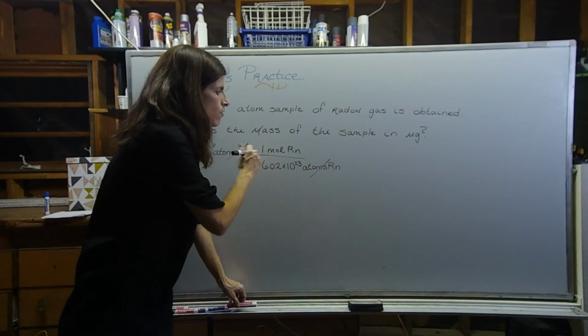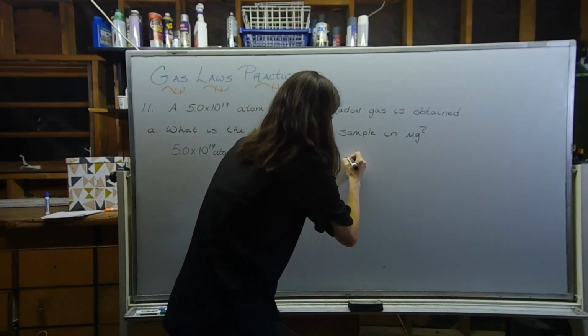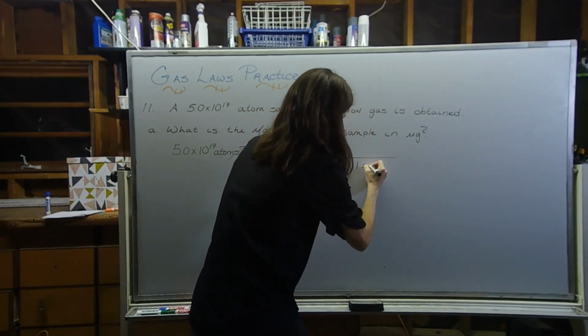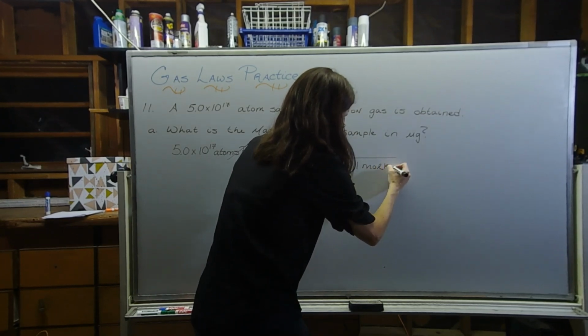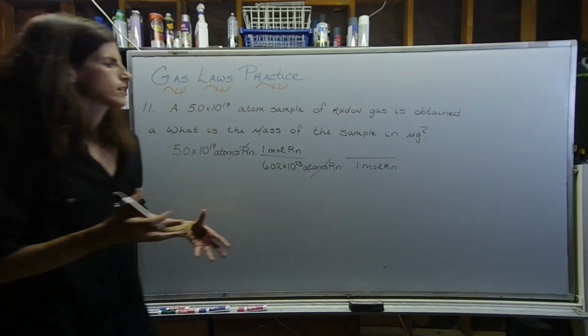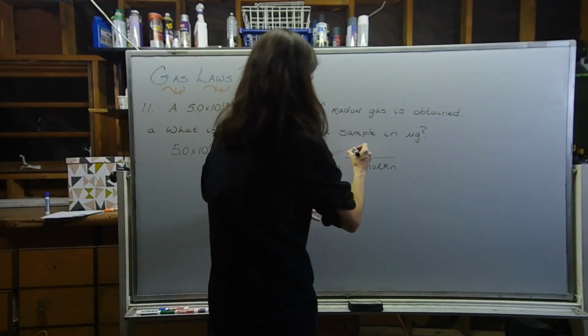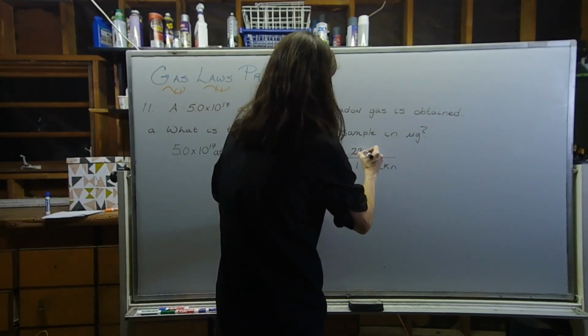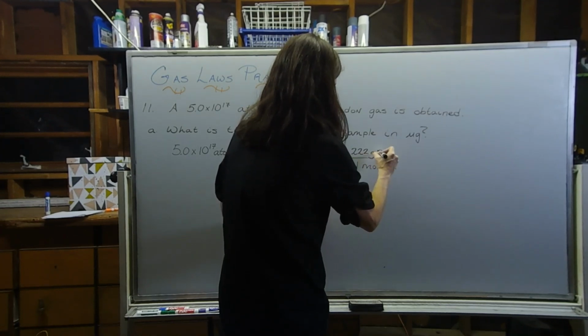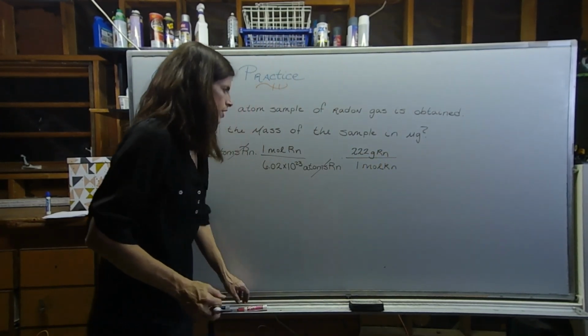So now I need to get rid of the moles. So I'm going to put this on the bottom here: 1 mole of radon. Remember, when you're trying to go from moles to mass, you grab that number from the periodic table. So 222 grams of radon in 1 mole of radon.